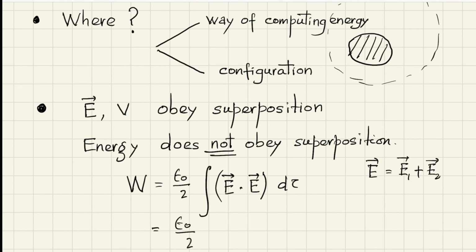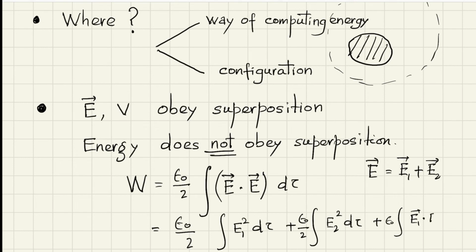Epsilon by 2, there will be a term E1 square d tau, and a term E2 square d tau, but there will also be a term epsilon E1 dot E2 d tau.